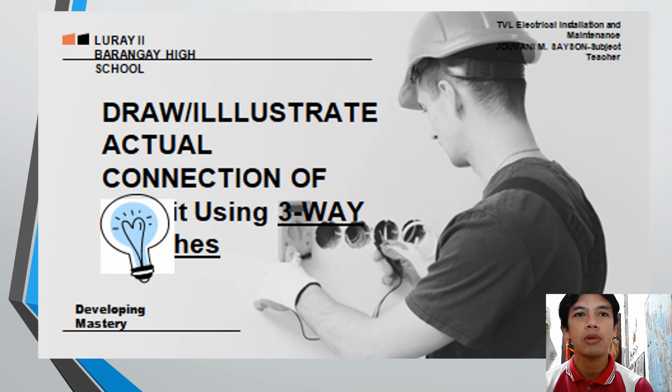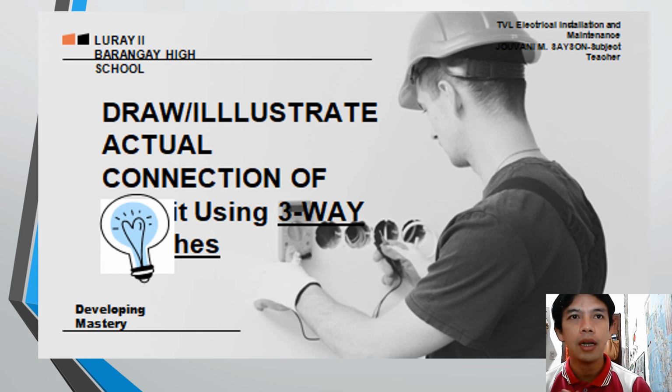The perfect score for this activity is 20 points. I will record it in your actual record. So draw or illustrate the actual connection of a circuit using a three-way switch. So using the three-way, you draw the connection of the wire that uses a three-way.